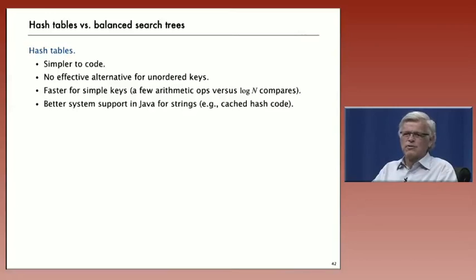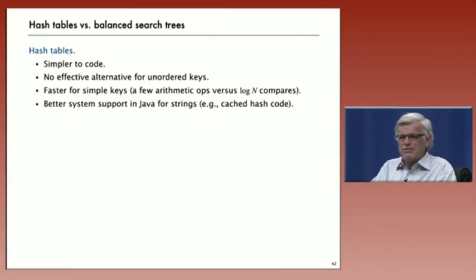What about hash tables versus balanced search trees? Well, hash tables are really simple to code, usually, if you don't have to do the hash function. If you don't have order in the keys at all, then you need the compare to implement balanced search trees. So you have to use hashing if you don't have comparison.